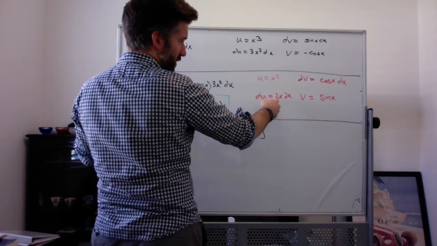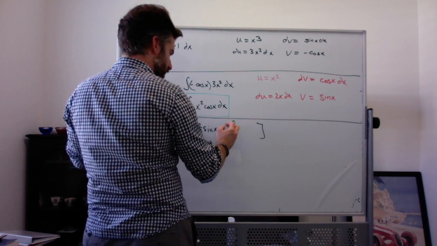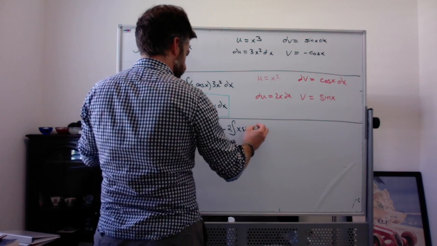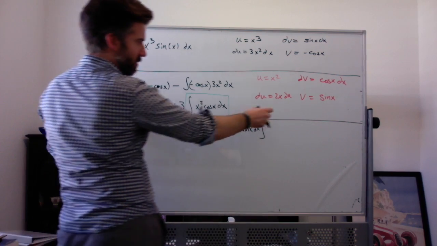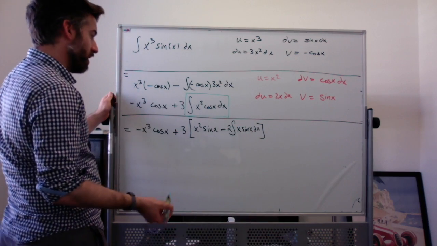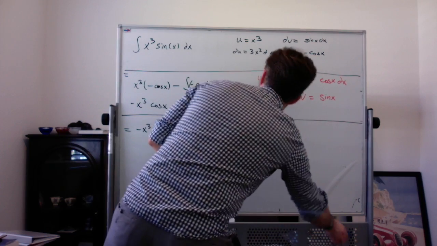Let's just bring the 2 out in front, so it would be sine of x times 2x dx, which is still the same as minus 2 times the integral of x sine of x dx. I just rewrote it.